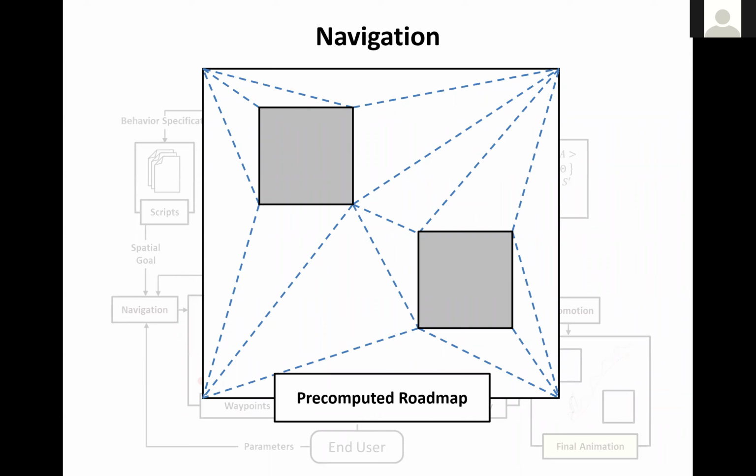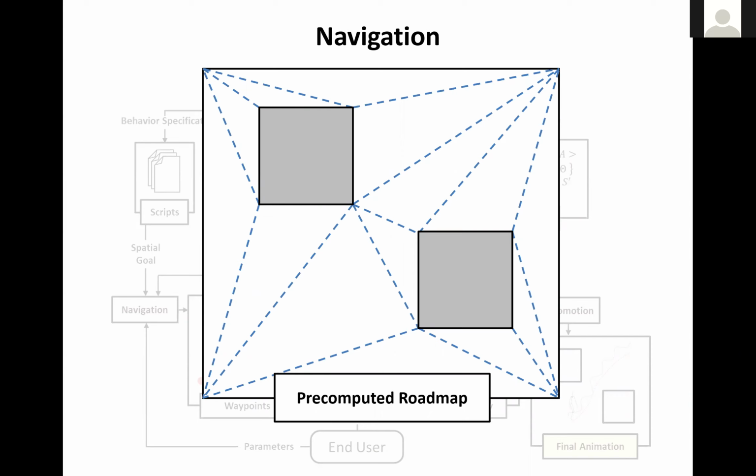The high level layer is a navigation layer, and you must have seen topics related to this in your AI class or your robotics class. Navigation approaches pre-compute some abstract representation of the environment, which can be a pre-computed roadmap, a navigation mesh, or a grid.